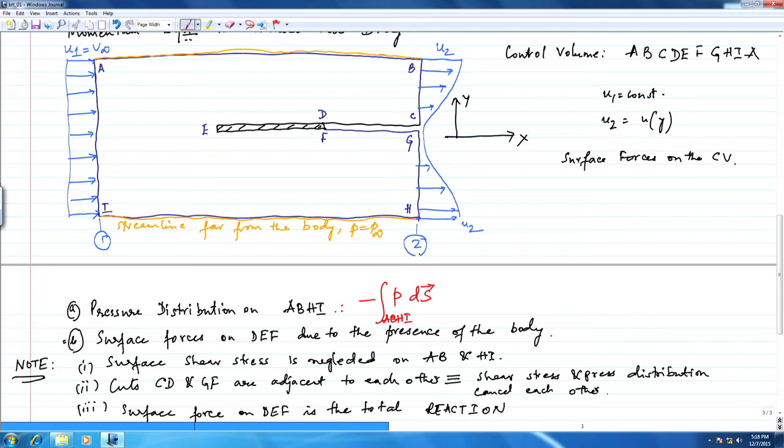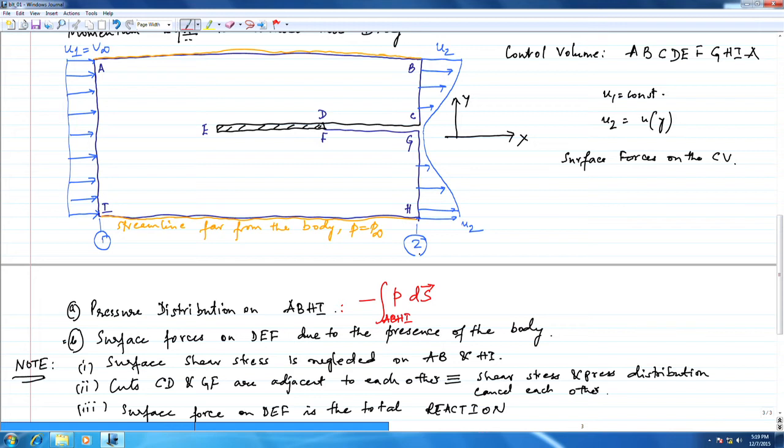What does that mean? P is basically the distribution of pressure on AB. ds is a small element along the part of the control volume, which means I can take a directed vector. And why do I have a negative sign? Because ds is the vector pointing out of the surface, in the direction of the area normal.